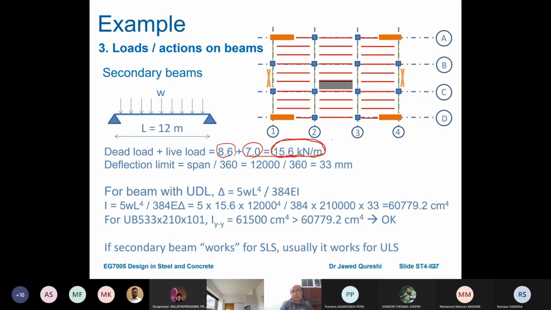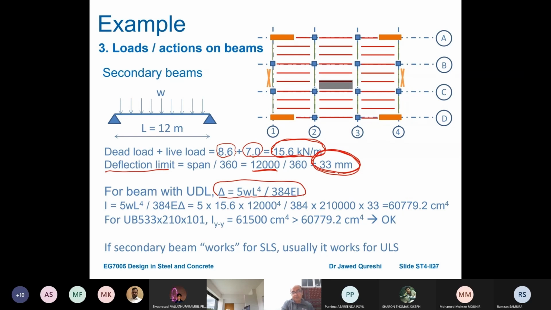So for secondary beams, we will simply check its deflection, and from that deflection equation, we will work out I. The deflection limit, which is the most common one, is span over 360. Span is 1200 and 360 comes from the formula. So this is the maximum deflection that this beam can deflect. Now for UDL, I have this formula.